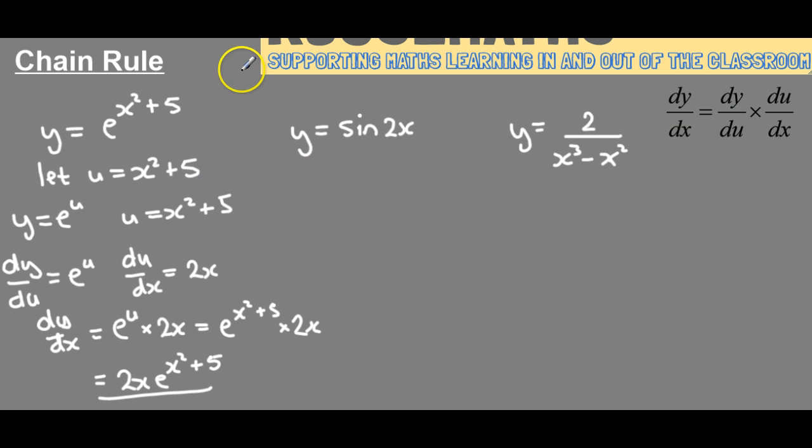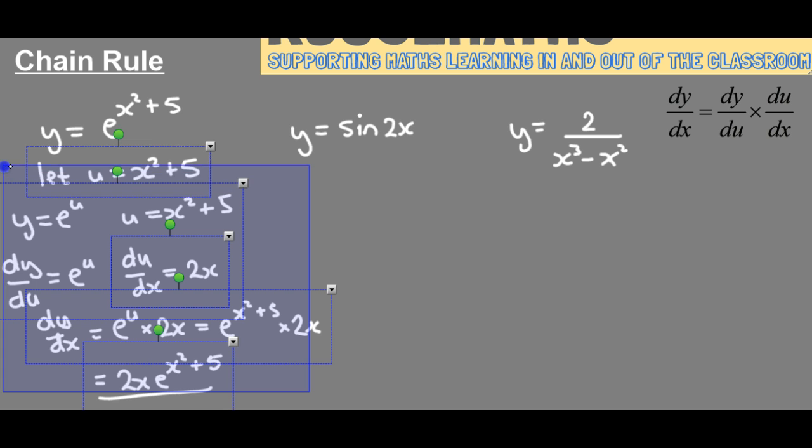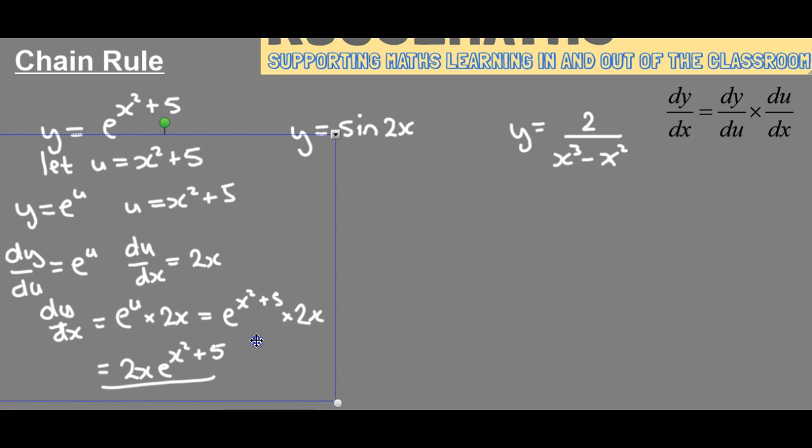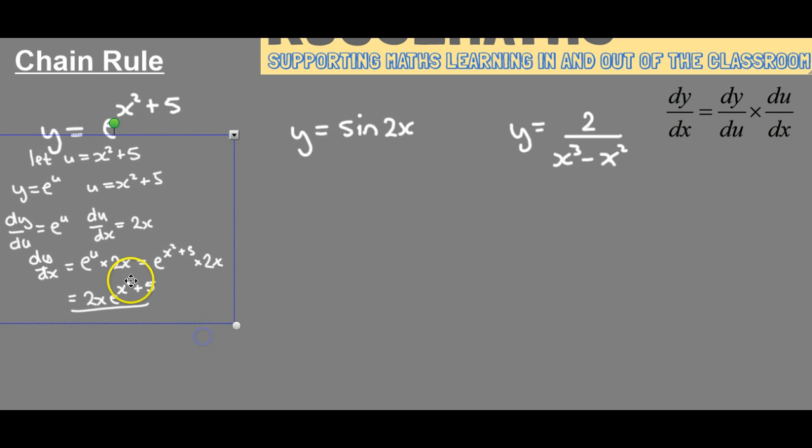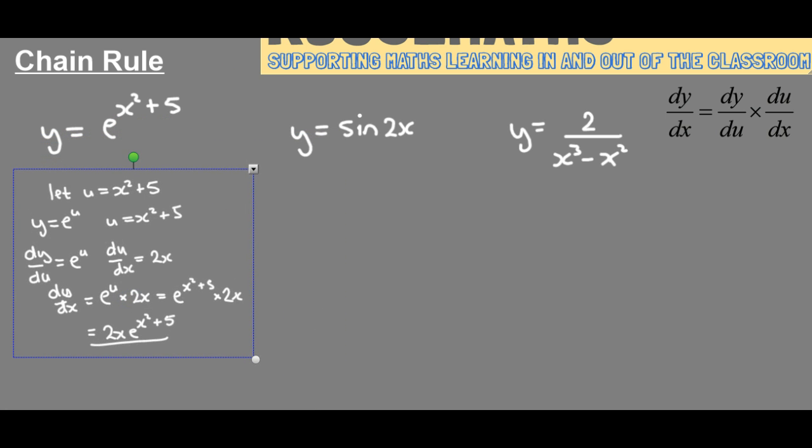For the second one here, we're going to do the same process. We're going to identify our u, do the substitution and find our dy by dx. So in this one, you might want to pause the video and decide what your u is going to be, have a go at it and see if you were right, and same for the final one too. So in this case, u is going to be 2x.